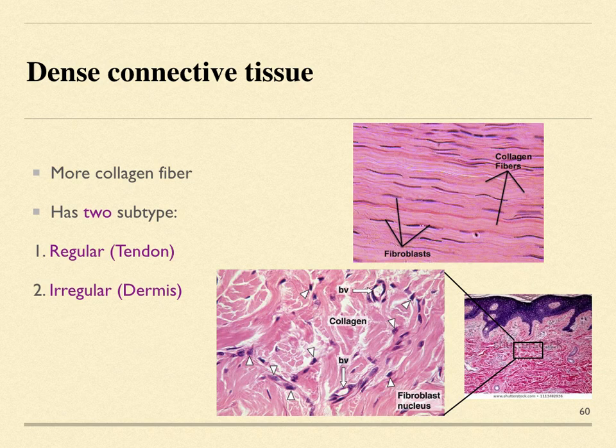Dermis is a part of the skin under the epithelium, or the epidermis of the skin. We have got the connective tissue. Which type of connective tissue? This type of connective tissue is irregular dense connective tissue, which is just under the epidermis, and in general we call that the dermis.